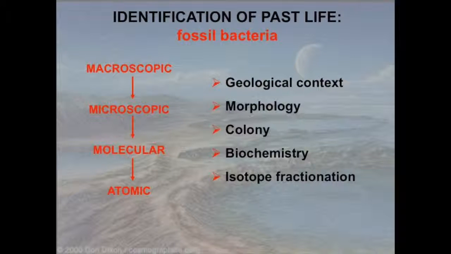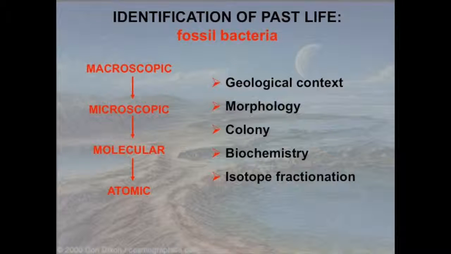Again, the strategy, always, you go to the field. You look at your geological environment, you study the rocks, you take a specific rock from a specific environment because you think this might be an environment where there might be traces of life, if that's what your aim is. You increase the magnitude of observation.